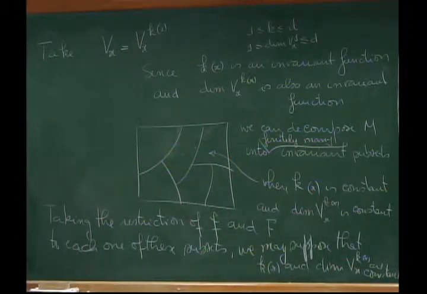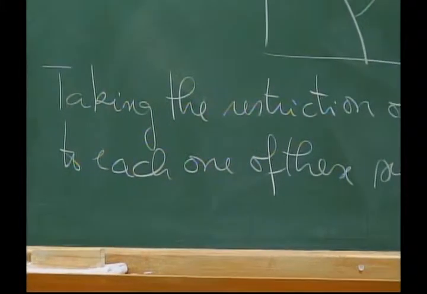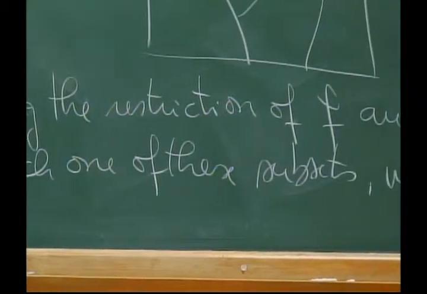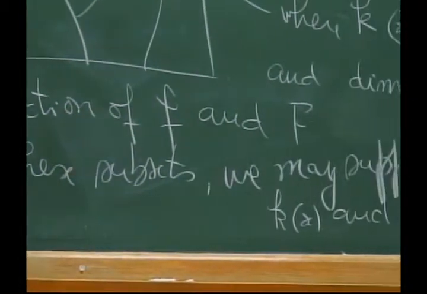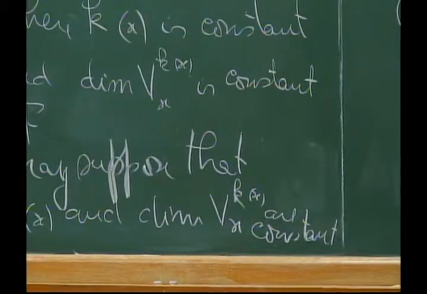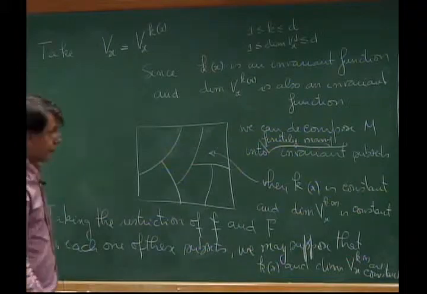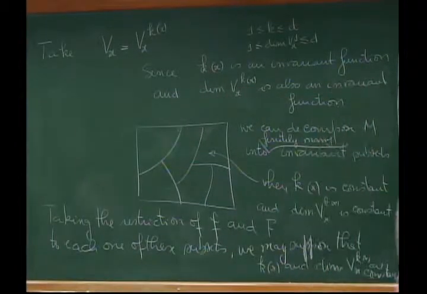In other words, it's annoying that the dimensions may vary and the number of subspaces may vary, but it's a very minor annoyance because we can always do this by restricting to a certain finitely many subsets. We may suppose that they are constant. So from now on, I assume that k is constant.